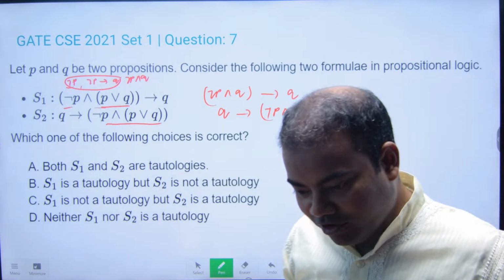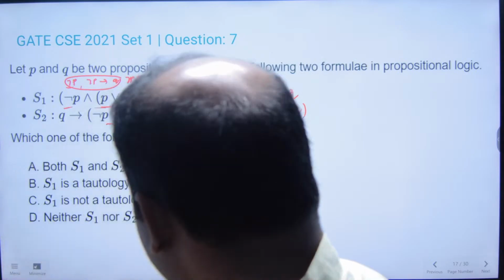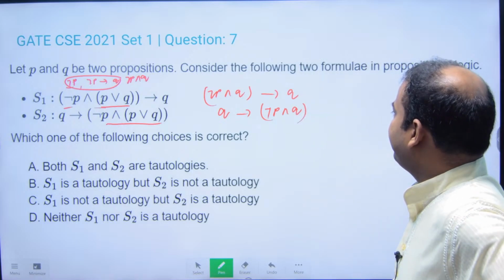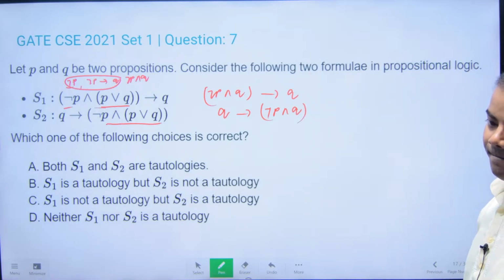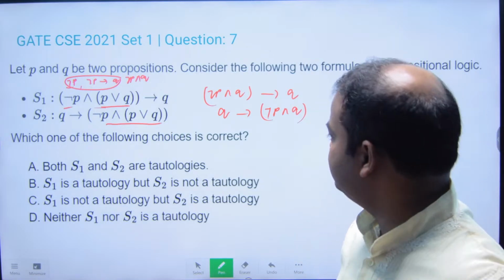So where did you find 111? Okay, for S1. Okay. Correct. You found it for the first one?